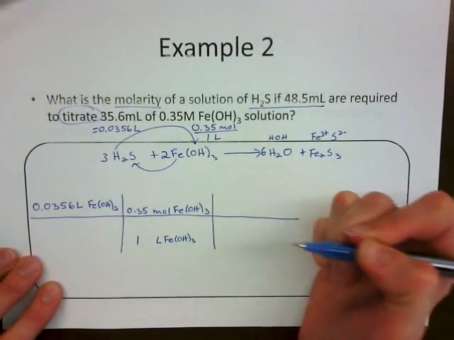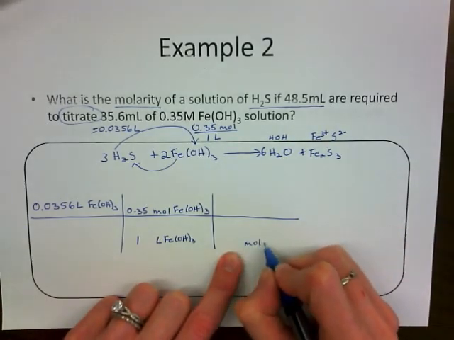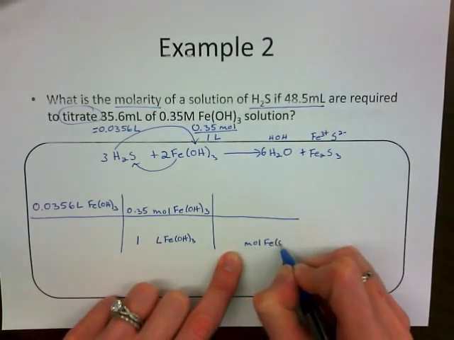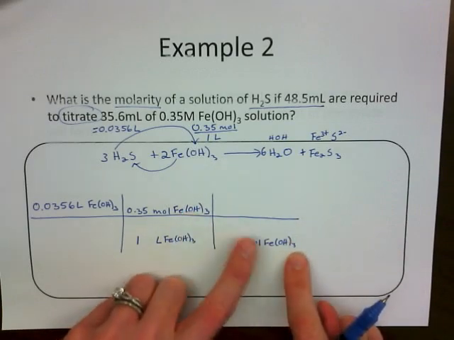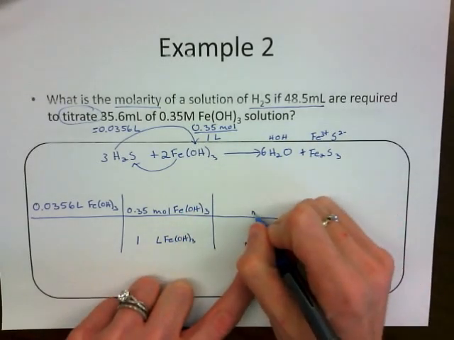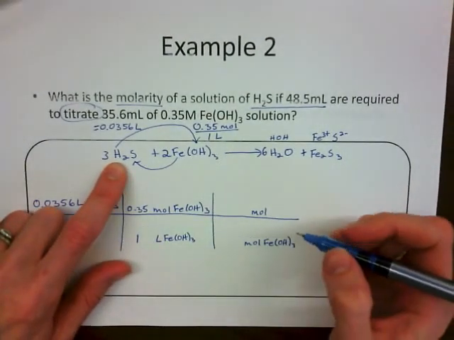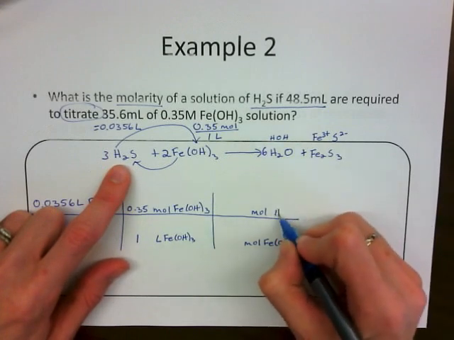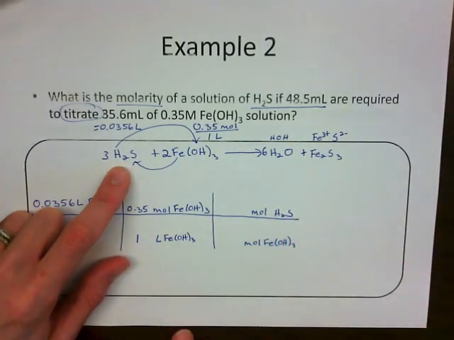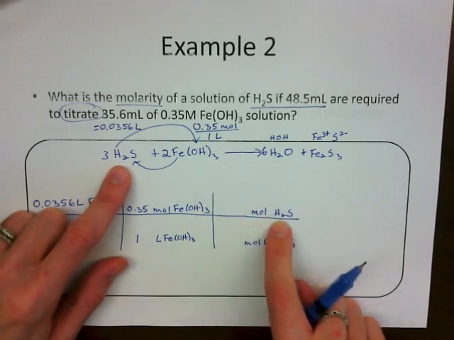The last step to the dimensional analysis is use my balanced equation, from how many moles of iron hydroxide, how many moles of dihydrogen sulfide would you use? Okay, hydrosulfuric acid.